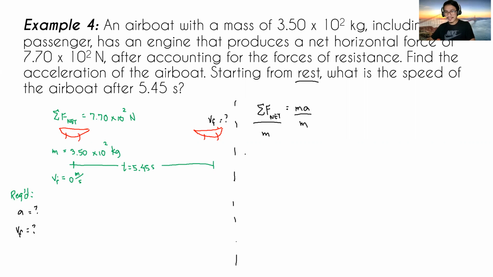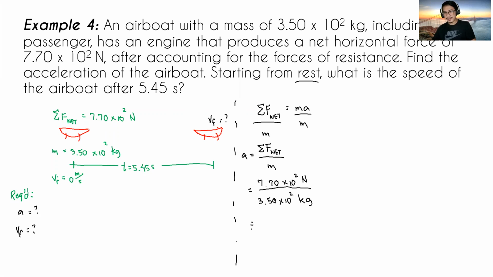You just divide both sides by m. So that gives us acceleration is equal to net force over m. And of course, what is our net force? That is 7.70 times 10 to the power of 2 Newton divided by the mass, which is 3.50 times 10 to the power of 2 kilograms.